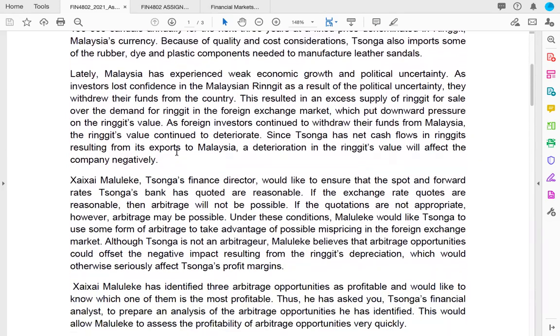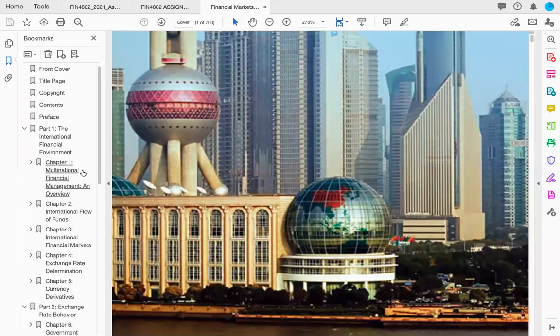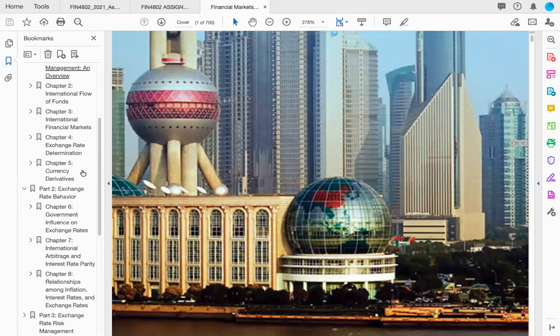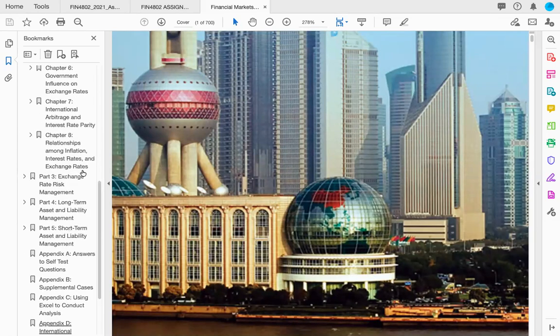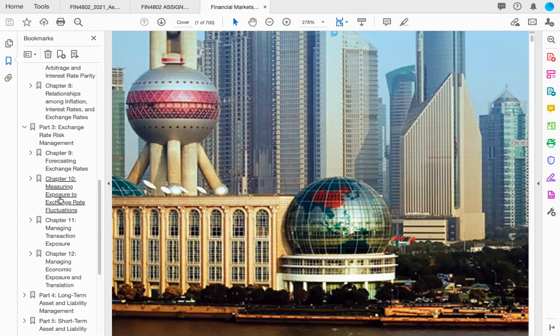The first question has to do with currency exchange rate exposure: managing exposure to exchange rate fluctuations, managing transaction exposure, measuring exposure to exchange rate fluctuations, managing economic exposure and translation. Most of the assignment is based on these three chapters, chapter 10, 11, and 12.